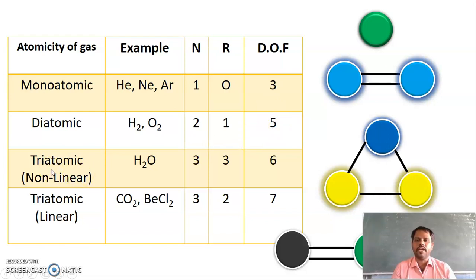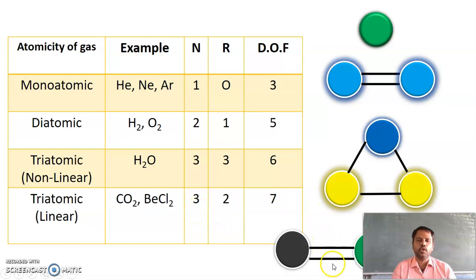Likewise, for a triatomic molecule, the degree of freedom is 9. However, if there are 3 constraints, the degree of freedom reduces from 9 to 6. For a triatomic linear molecule, the degrees of freedom is 9.